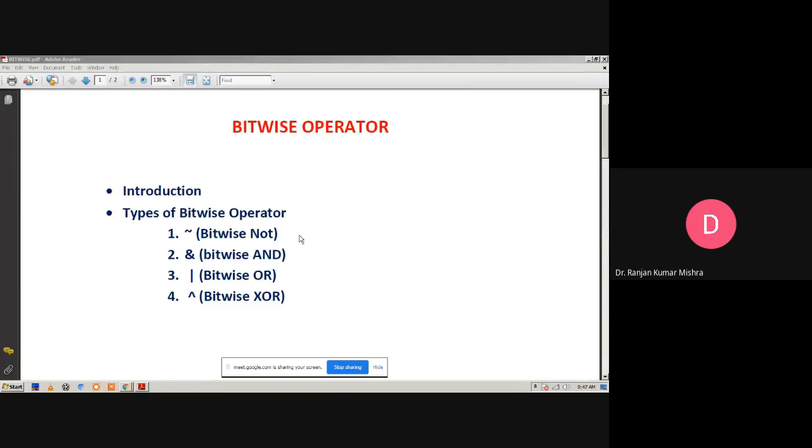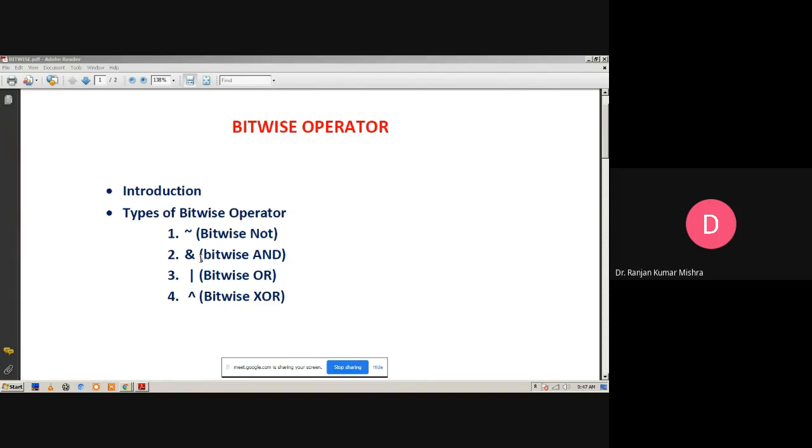Basically, in this session we discussed the bitwise operators and the main concept behind them, the mechanisms followed by these operators. Bitwise not is also known as the complement operator, and it works on the basis of one's complement that we already studied in computer architecture or digital electronics.